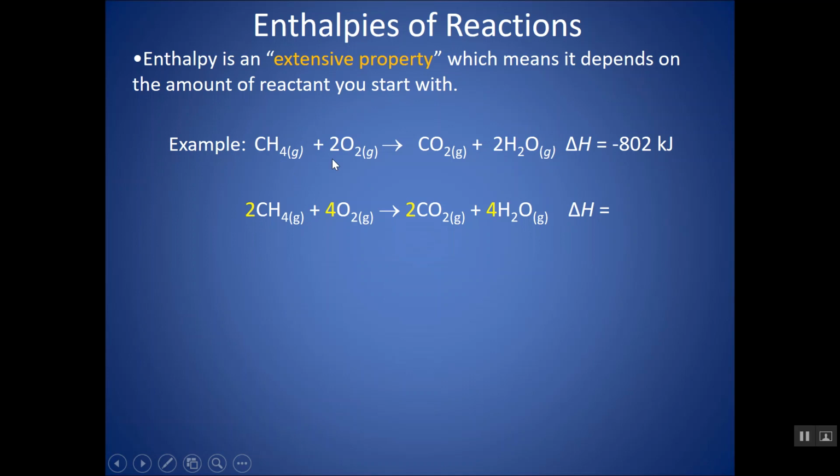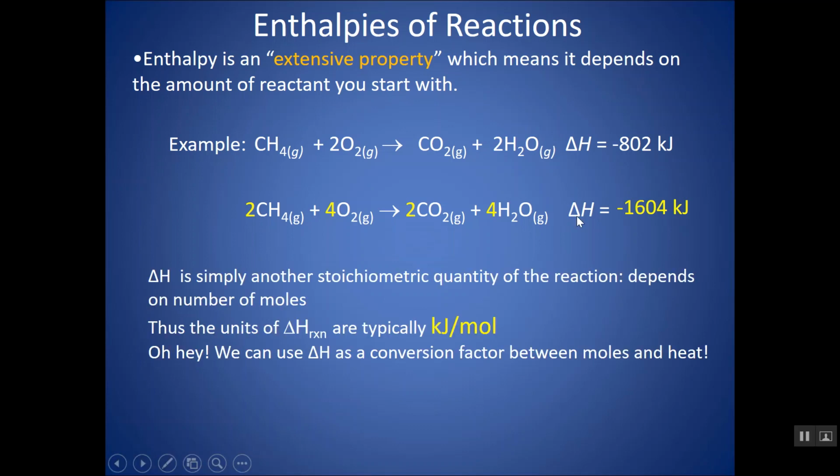So if I were to change my reaction and put 2, 4, 2 in front instead of 1, 2, 1, what would happen to my delta H? I would also have to multiply it by 2. It would double. It would increase by a factor of 2 as well. So delta H is really just another stoichiometric quantity. It depends on the number of moles.